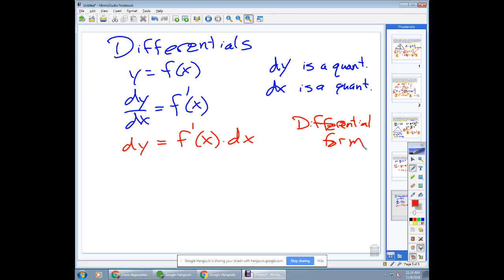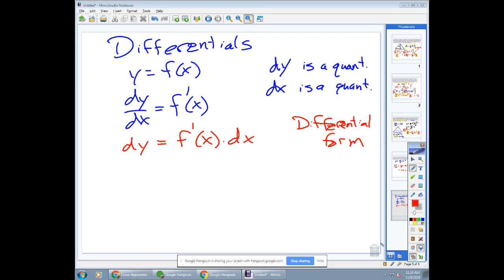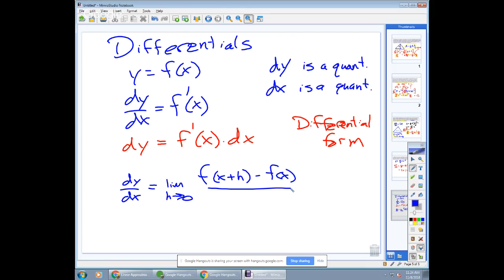It made that way easier to look at. Now, we also know that dy dx is also defined to be the limit as h goes to 0 of f of x plus h minus f of x all over h.